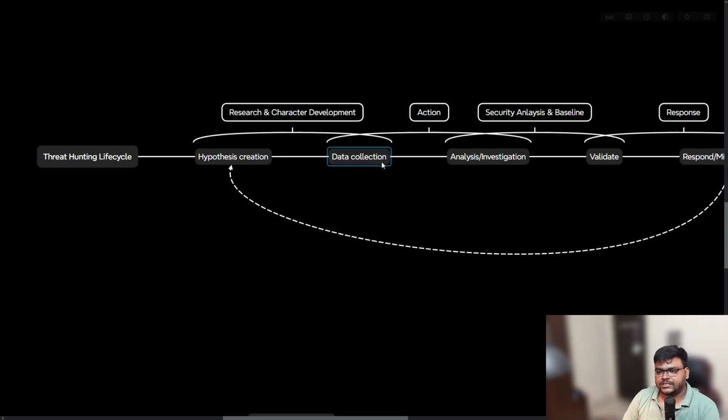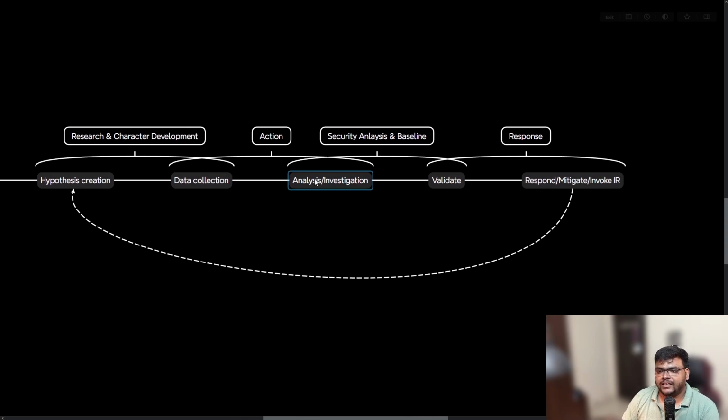Now, data collection and analysis form the action part of it, right? Here you are playing with the data as well as analyzing that data. So it's the most fun area, where most SOC analysts get that kick of analyzing data. Most of the researchers get their fun here, right? While they are dissecting threats, understanding the working of a threat and all that.